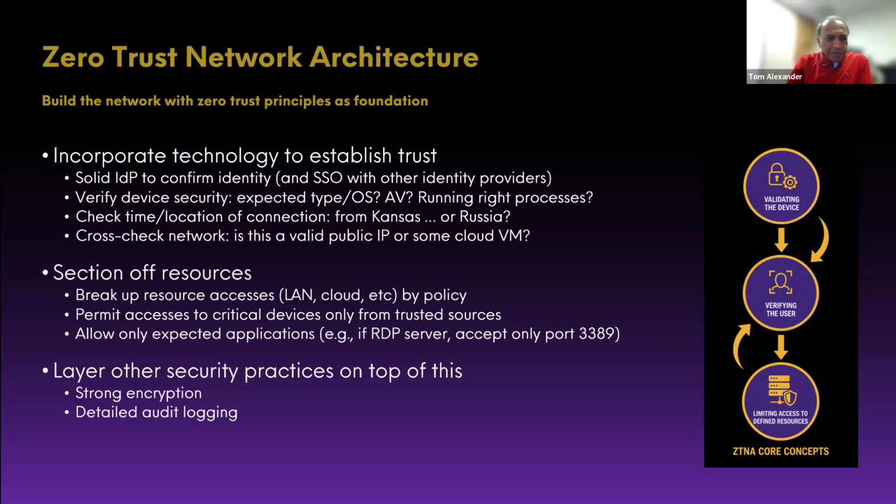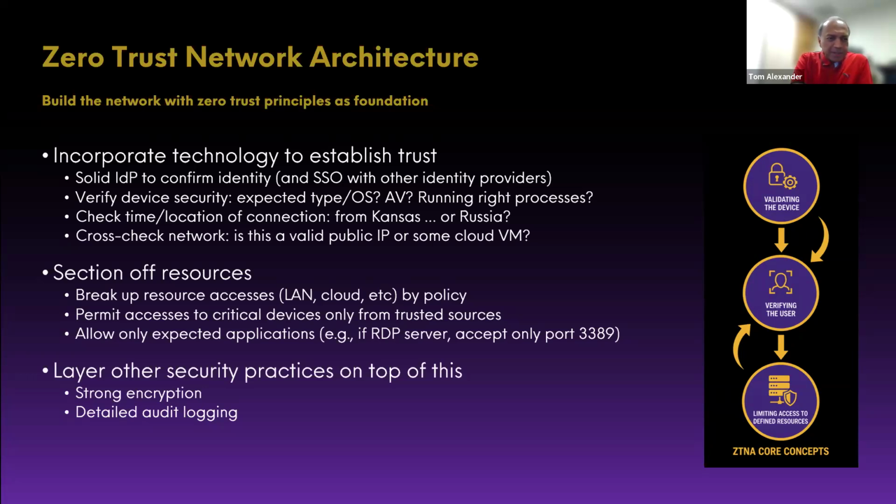It also incorporates things like verifying device security. So is it a device that you expect? Is it not, etc. Location, time, and then cross-checking the network. Is this coming from a public IP or something that you expect, or is this coming from something completely different, somebody trying to hack it?